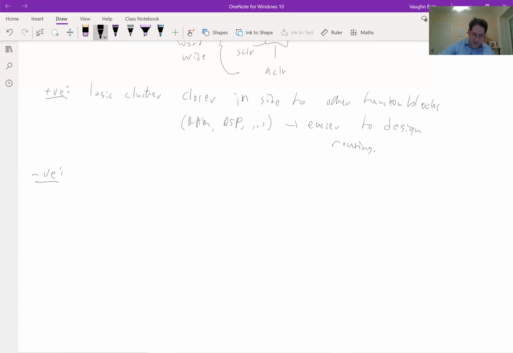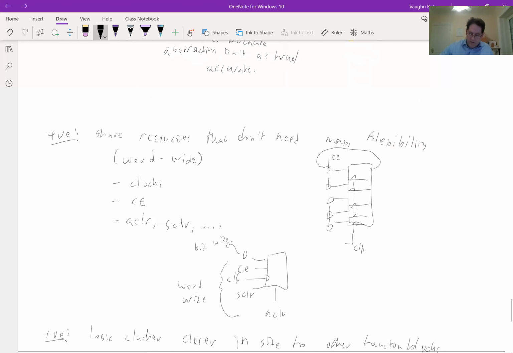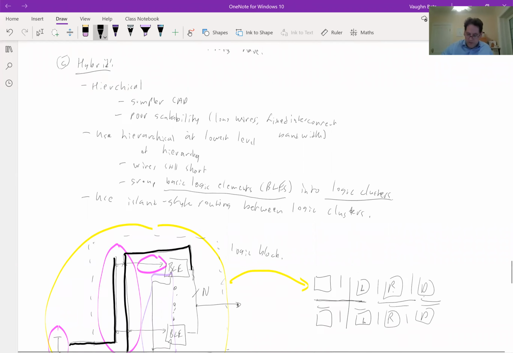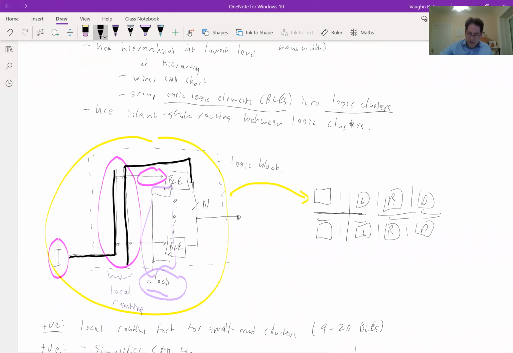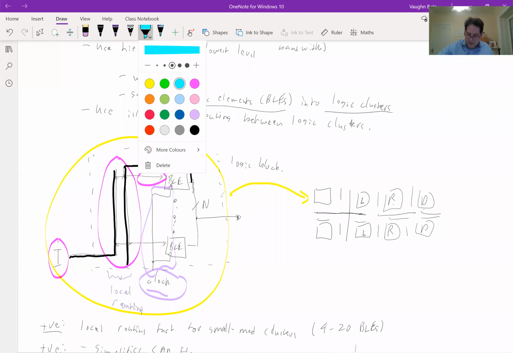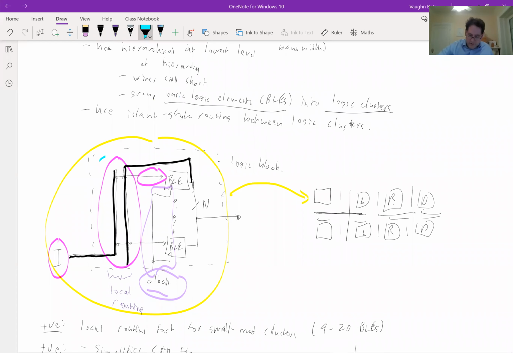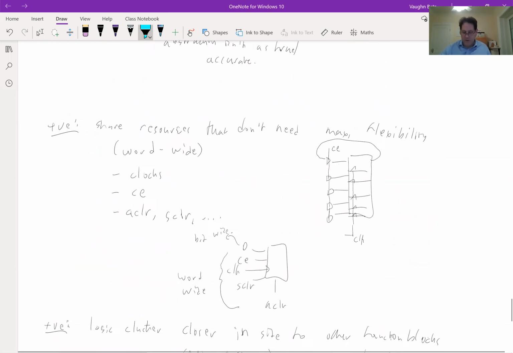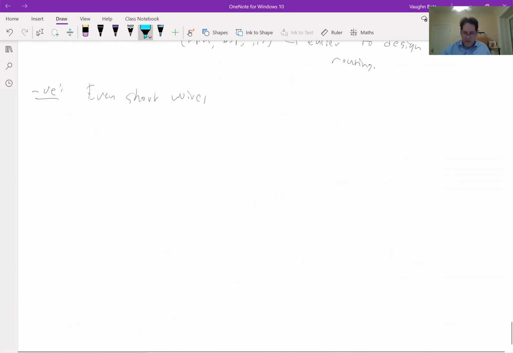There is a negative to this, and the negative is that even short wires, and these local wires inside here are pretty short. Here, let me get another type of highlighting. This local routing works well because the wires are pretty short and the muxes aren't too big, so that's what makes it fast.